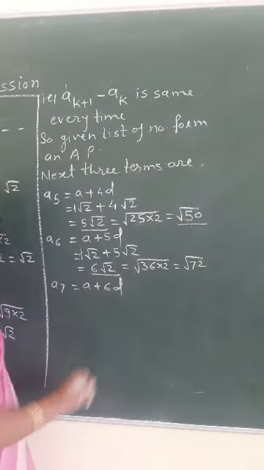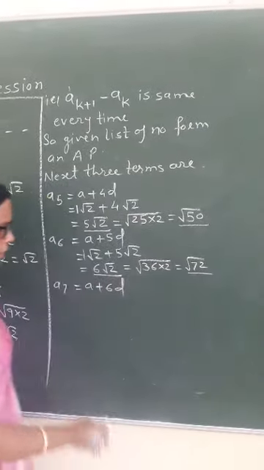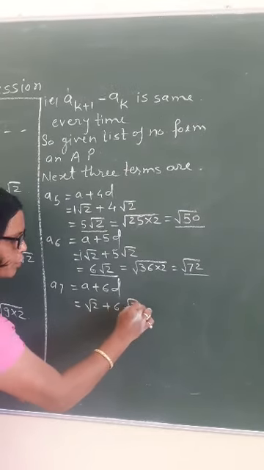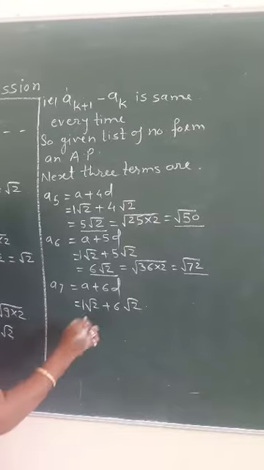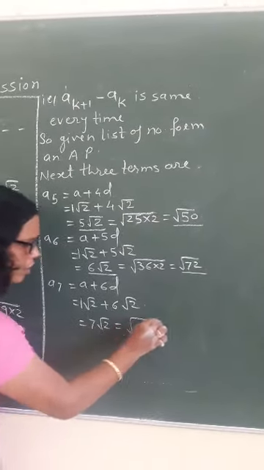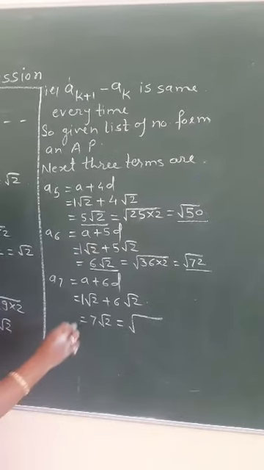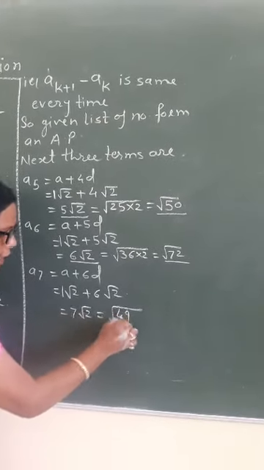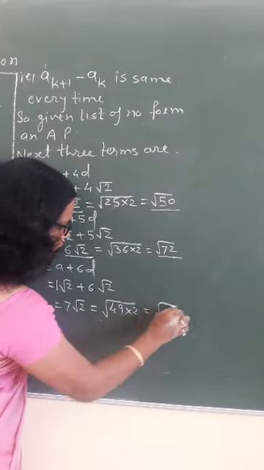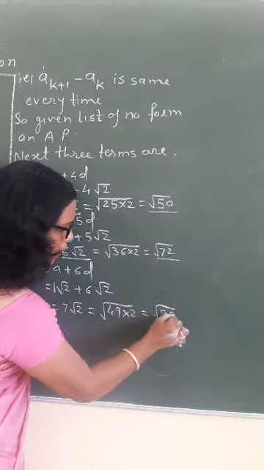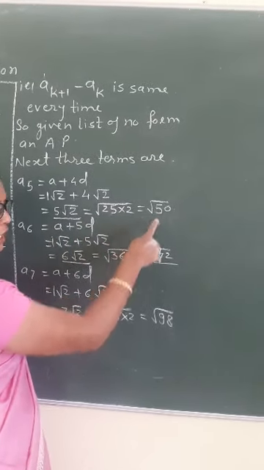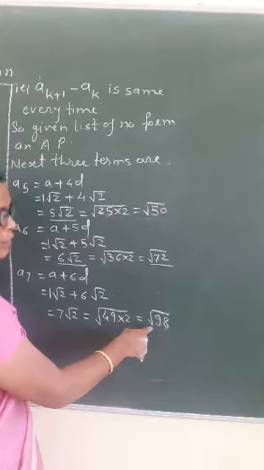We can say 6 root 2 and also root of 72. Here root 2 plus 6 root 2, 1 root 2 plus 6 root 2 means 7 root 2, and 7 when we take into the square root sign, it becomes 49 because 7 square is 49, into 2, and 49 into 2 is 98. Therefore, we can say the next three terms are root 50, root 72, root 98.